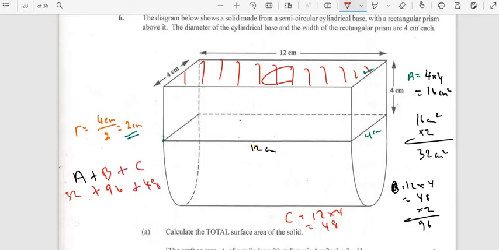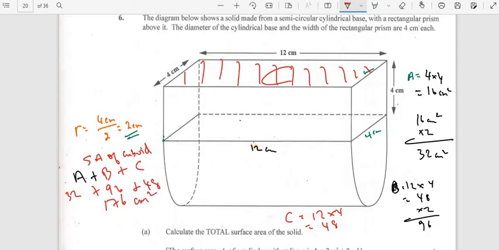So when you add 32 to 96 and 48, what do you get for the surface area of the cuboid, that portion of it that we can actually touch? Again, that gave us 176.